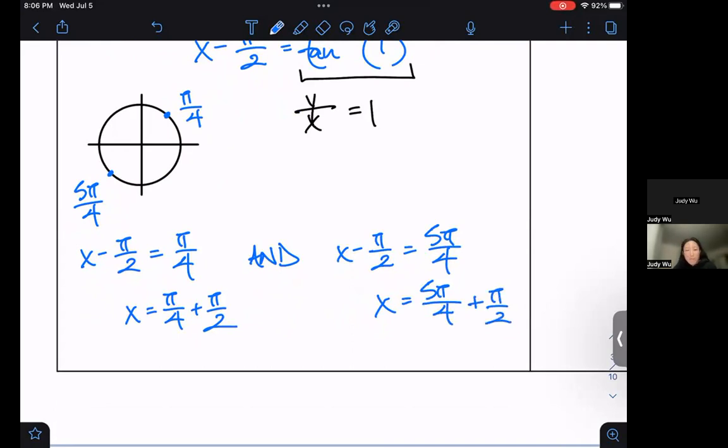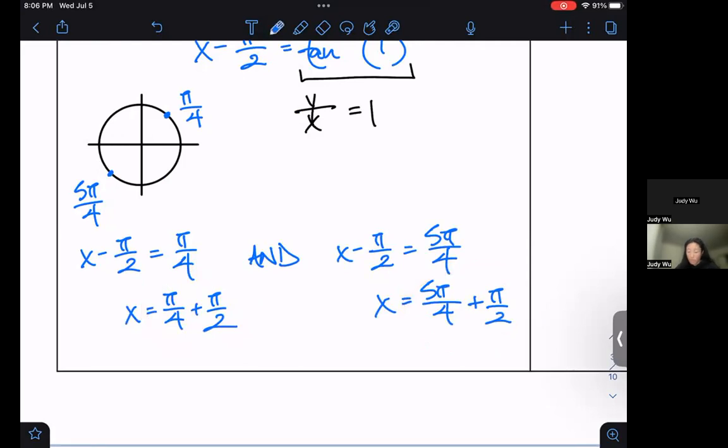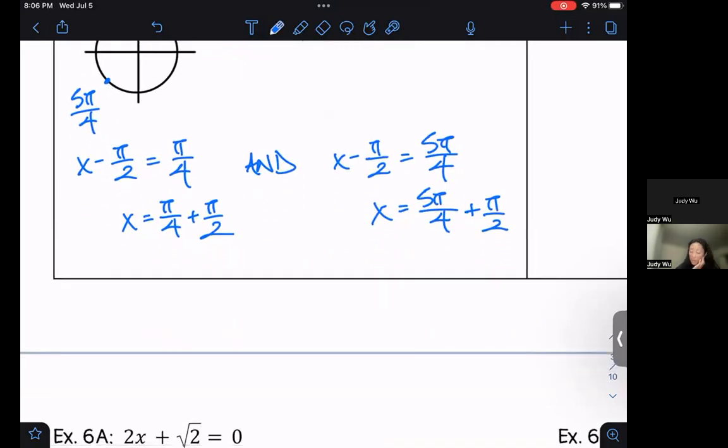Now, I've been doing math for a while, and so I can tell you that at this point, even though in 5a and 5b I didn't combine the fractions, it's kind of expected for us to combine these fractions. They both have pi's, and they're both multiples on the denominator of 2, right? So it shouldn't be too bad to find a common denominator. So we really get x equals pi over 4 plus 2 pi over 4, which really gives us 3 pi over 4 as one of the answers.